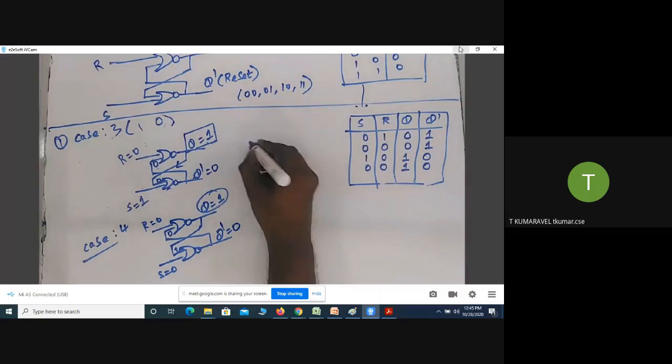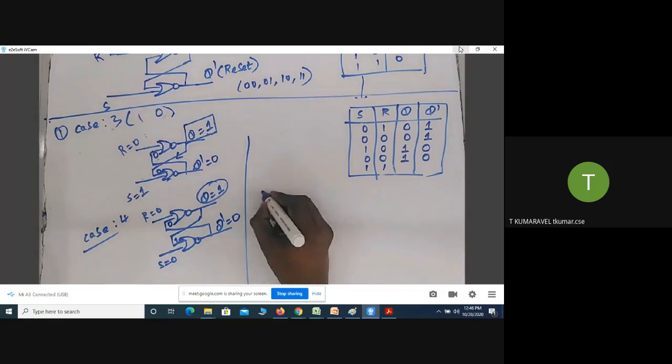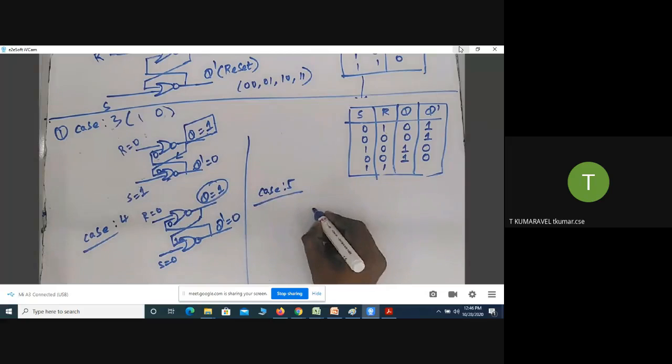The next case, where both the inputs are 1. For example, I'm taking the next case equal to 5. I'm going to determine the behavior of this latch or memory element. So S equal to 1 and R equal to 1.